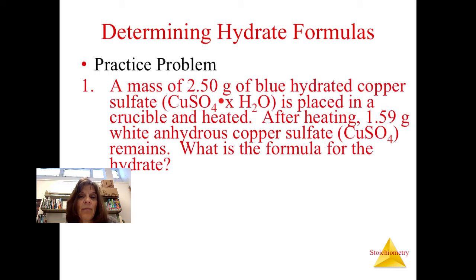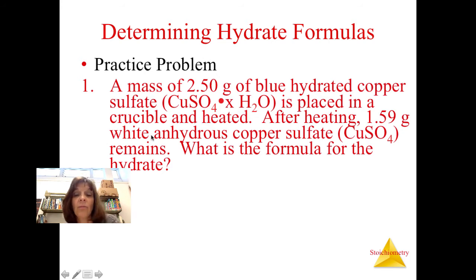Let's do a practice problem on hydrate formulas. In your handout, you do have directions to walk you through it. It's again, find the moles, but this time you're going to find the mass and moles of the anhydrous salts and the water molecules.